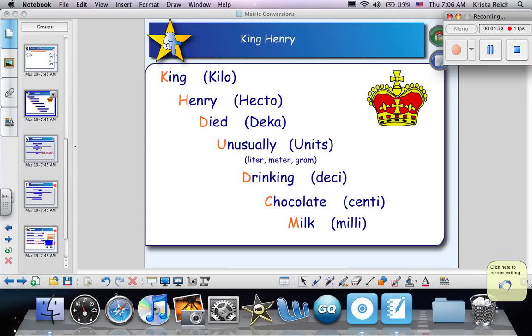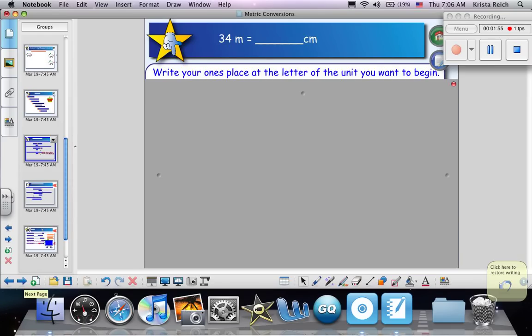So now let's work on converting using our little mnemonic device. So let's say we have 34 meters, and I want to see how many centimeters are in 34 meters. One thing that you have to know in order to do this method is place value. I need you to write your ones place in 34 at the letter of the unit you want to begin.